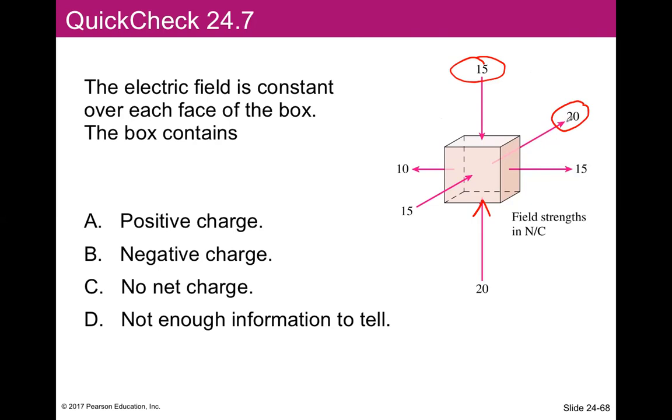20 going out is positive, right? Okay, so that's the fundamental thing. If we define the direction of the surface to be positive when it's going out, then for the 15 number, it's going in.